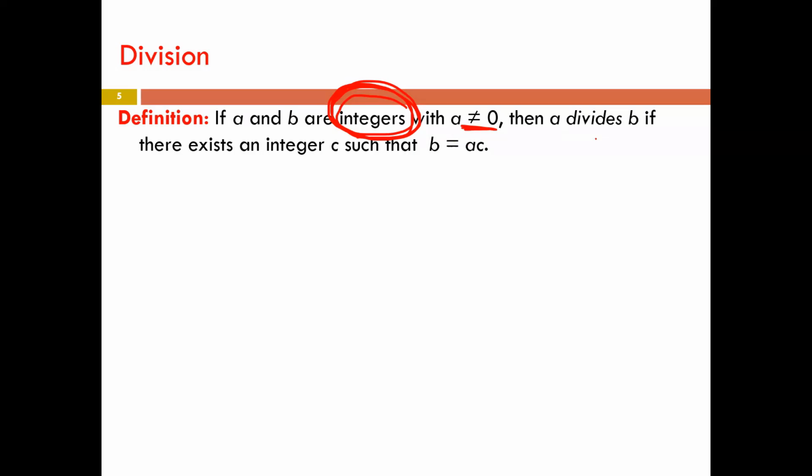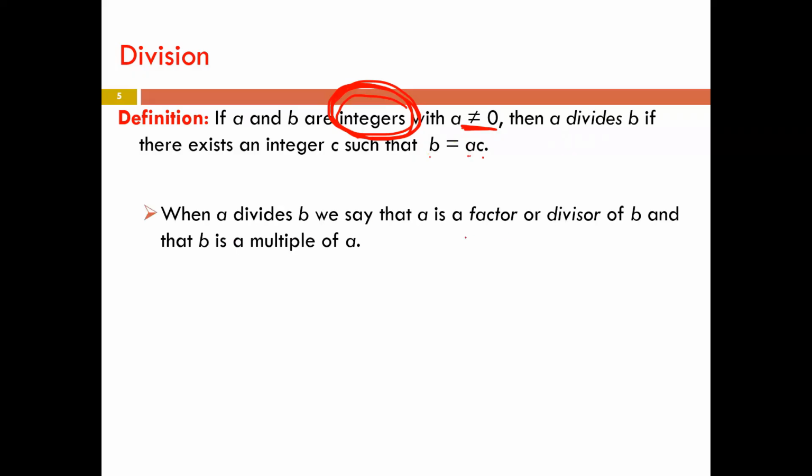So we say that A divides B if we can write B as A times C, if we can find an integer C such that A times C equals B. When A divides B, we say that A is a factor or a divisor of B, and B is a multiple of A. For example, 5 is a divisor of 20. 5 divides 20 because we can write 20 as 5 times 4.